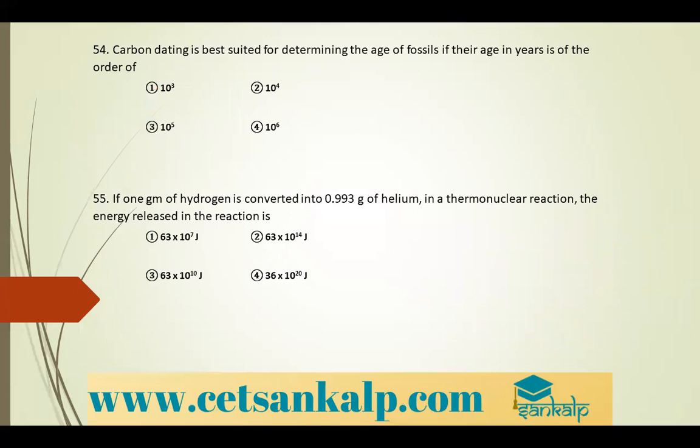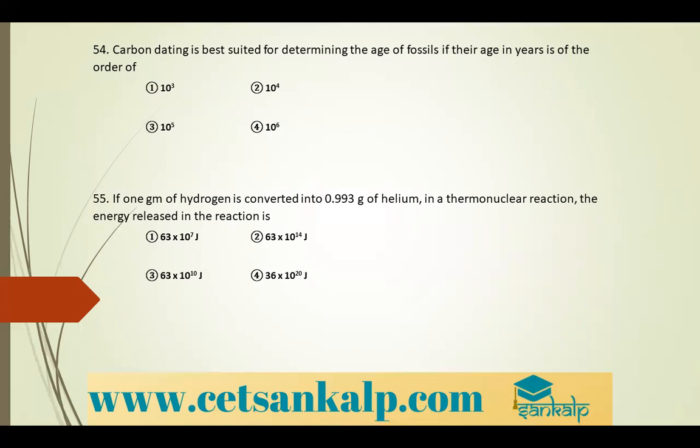Next, carbon dating is best suited for determining the age of fossils if their age in years is of the order of... Okay, so as you know, it is of the order of 10,000 years.